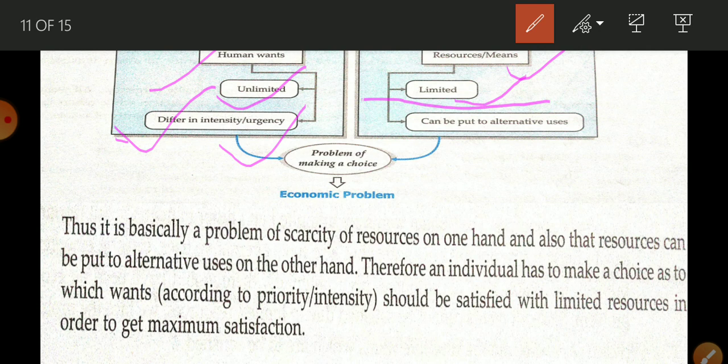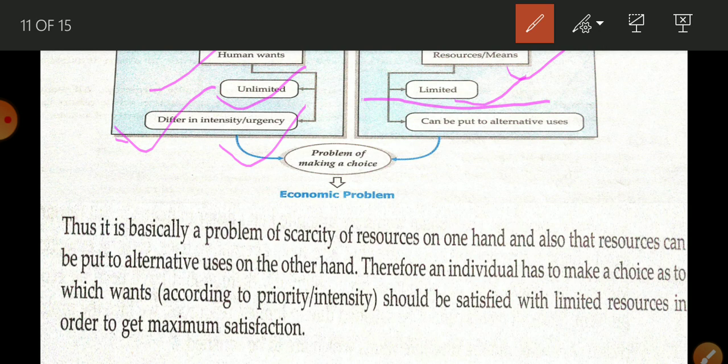If you do not have a sanitizer or a mask, your priority will be mask and sanitizer. Why? Because if you want to go outside, this is the basic necessity that you have to keep with yourself. So in this way, all things are not equally important, they differ in urgency.